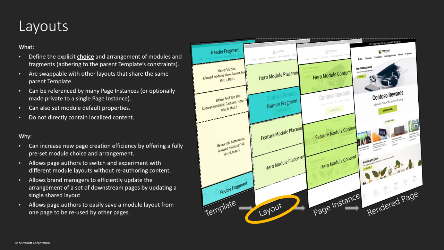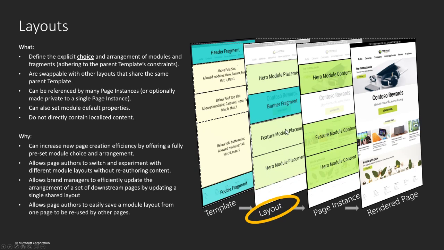So there's going to be some extra steps there for a page author to choose between the 10 or 20 different modules that are available, which may be the right thing for certain scenarios. But other times you may just have a layout where you already know exactly which modules you want to use. And so if you use a preset layout, you're going to have all those modules already ready for you as soon as you create that page from it, and you will not need to choose any other modules. You're just entering content at that point.